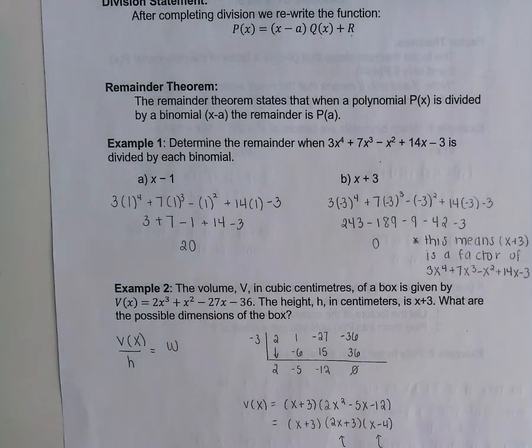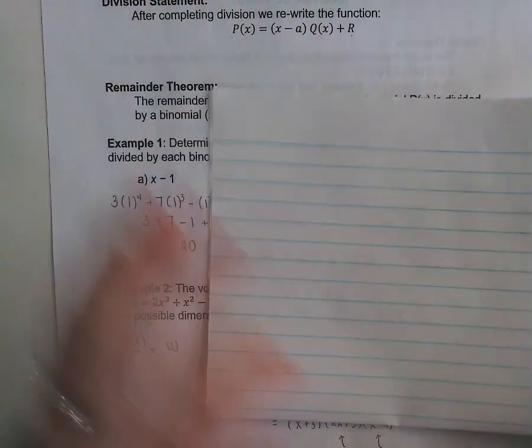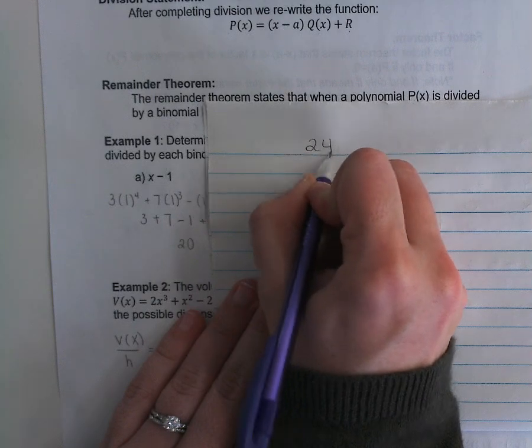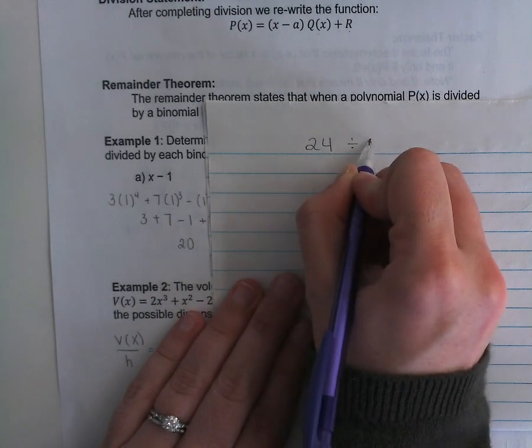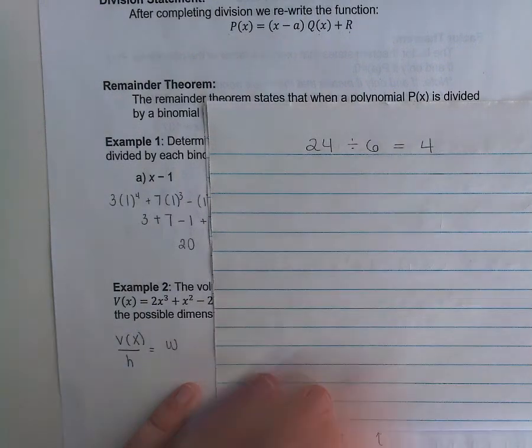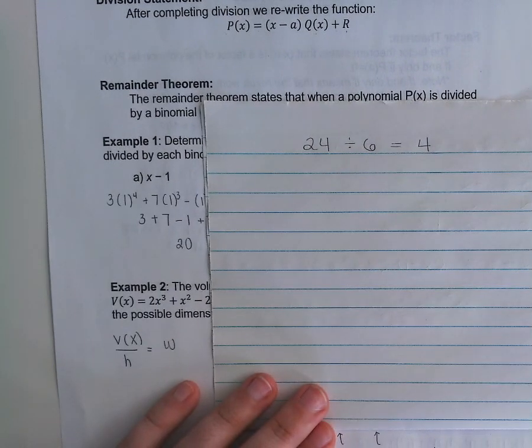So if you recall, when you're learning basic multiplication and division, we know, for example, that 24 is divisible by 6, because when we divide it, we get a nice whole number. It equals 4.